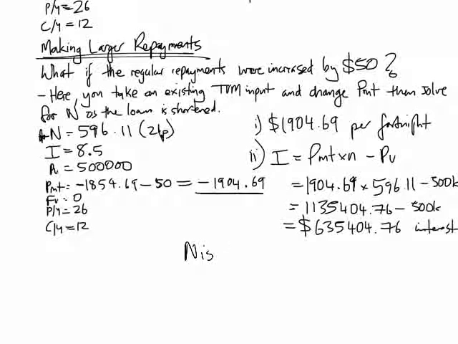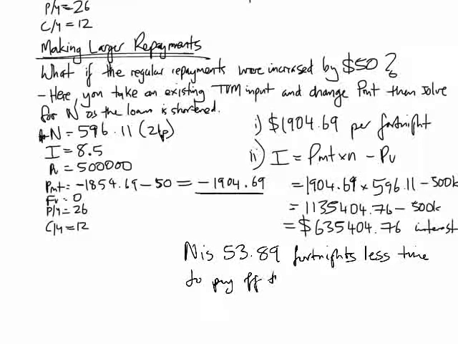N is 53.89 fortnights less time to pay off the loan. So I've told you, any way that you reduce the balance quicker by, obviously in this case, by paying more off each time, that actually reduces the interest you're charged, and as a result, you're actually taking a lot less time to pay off the home loan.